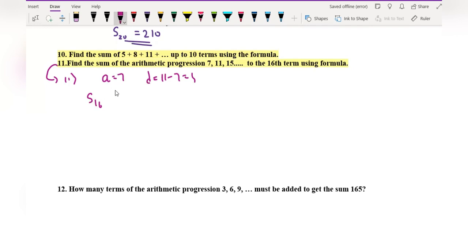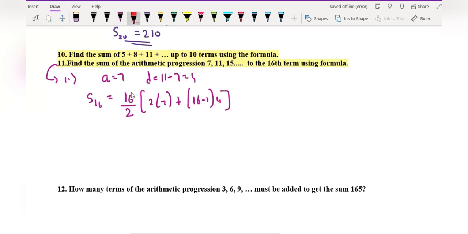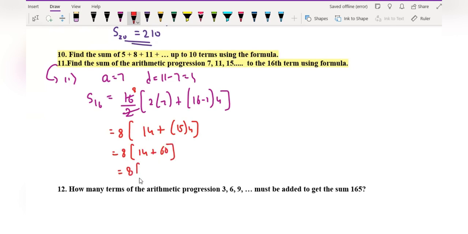So S16 is equal to n/2, in place of n we write 16 divided by 2, which is 8. a value is 7 plus n value 16 minus 1, d value is 4. So 8 times (14 plus 15 times 4). 15 fours are 60. So 8 times (14 plus 60) gives the value 74. So 8 times 74 will give the value of how much? 592.